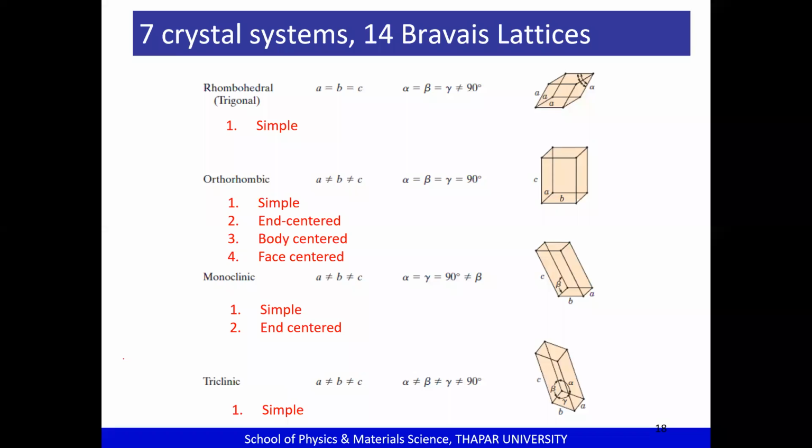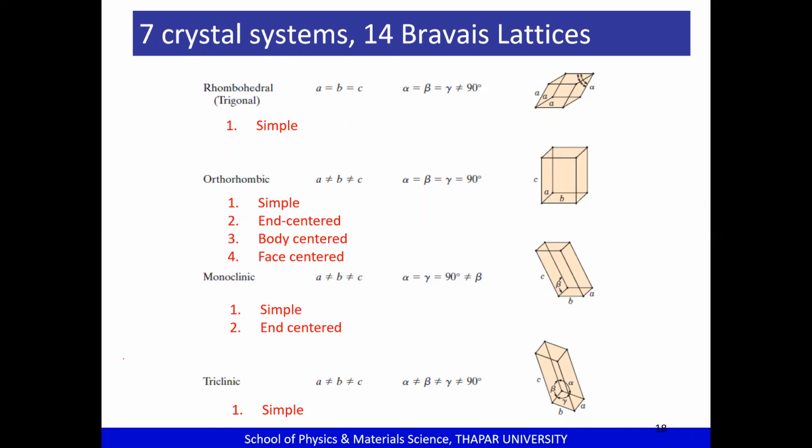These 7 crystal systems have a total of 14 different possible unit cell configurations. These 14 different configurations are called Bravais lattices. From the name of the discoverer, they are named the 14 Bravais lattices.